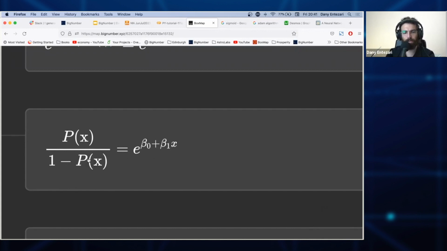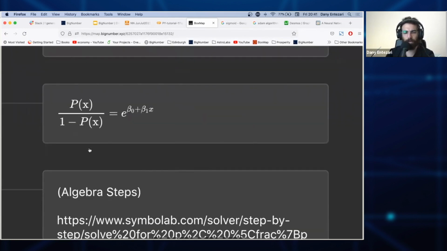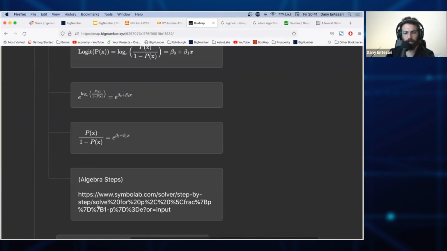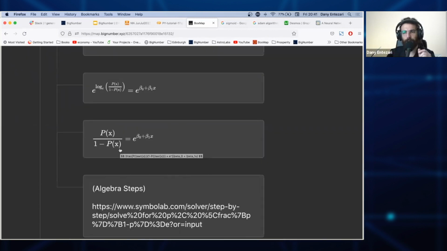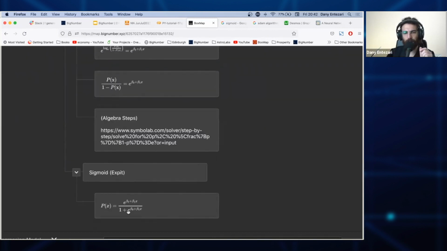Now, in order to derive the sigmoid function, we have to do some algebraic manipulation, which is going to be multiple steps. So I'm going to avoid that. Instead, what I've done is I have created, if you can go to SymbolLab, which we looked at before, a way to move 1 minus p of x to the other side. And then after a little bit of algebraic manipulation, we get this.